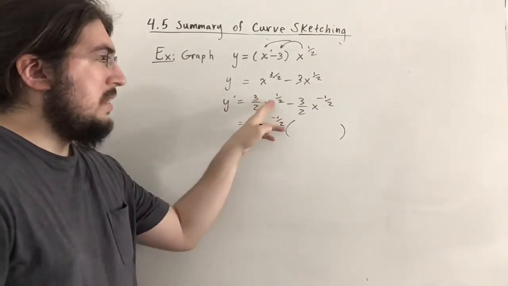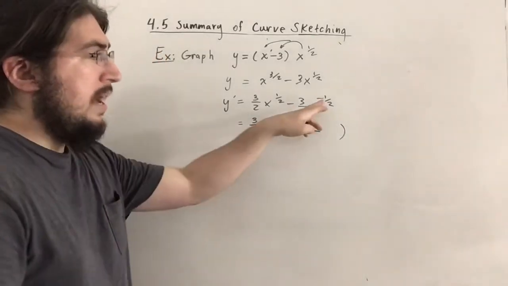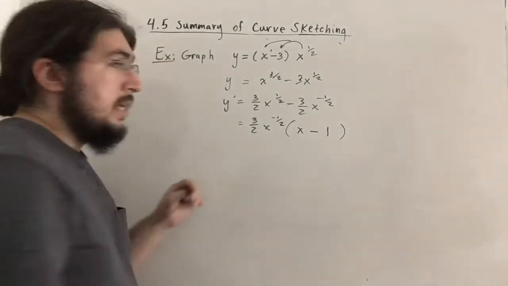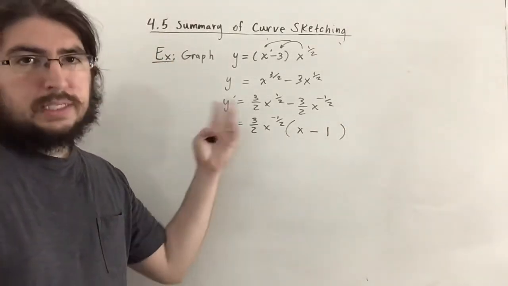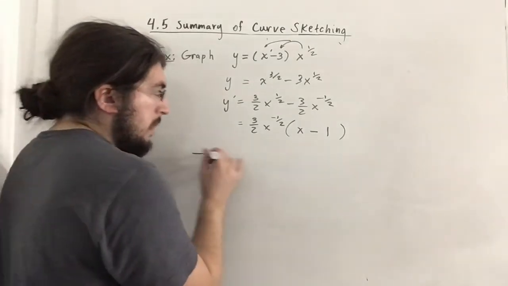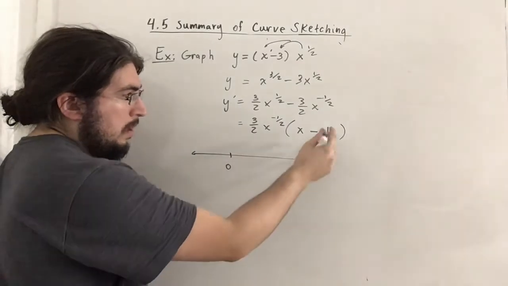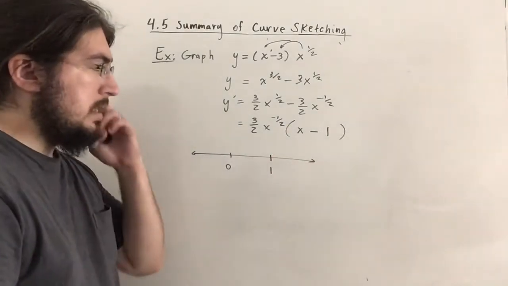So adding 1/2 to this gives you x to the 1, which is just x, minus, adding 1/2 to this is x to the 0, which is just 1. And this is good because we can set each of these equal to 0. This will be where the denominator is 0 because it's a negative power. So what we end up getting is x is either 0 on the bottom, or positive 1 when x minus 1 is 0.